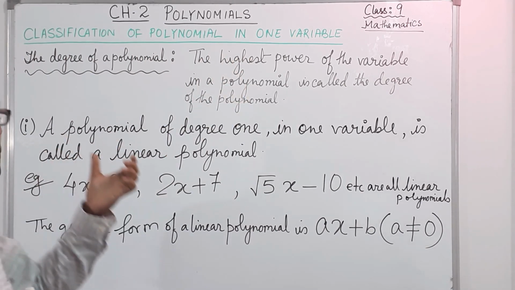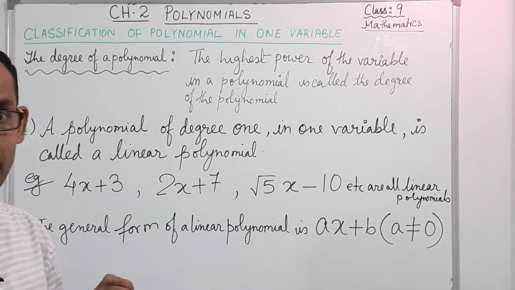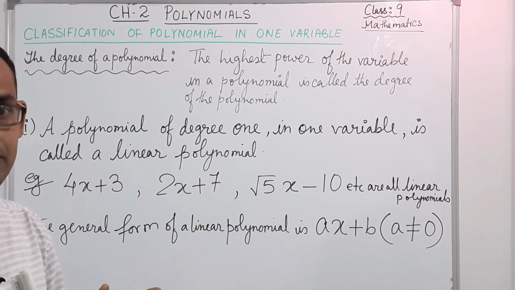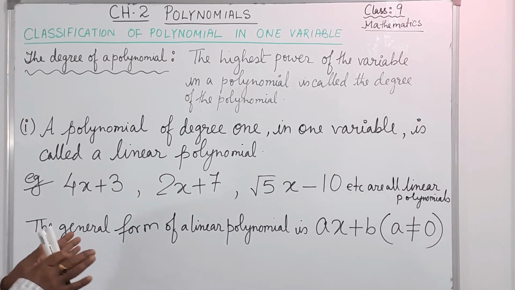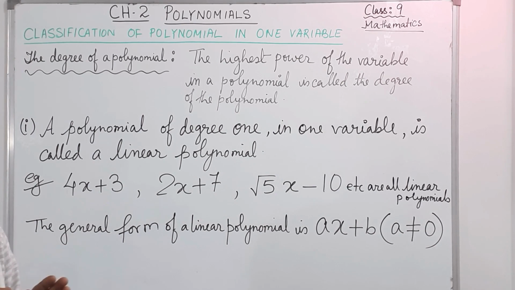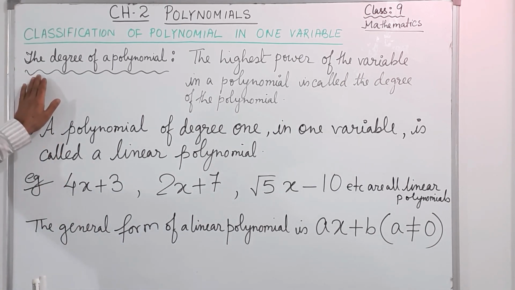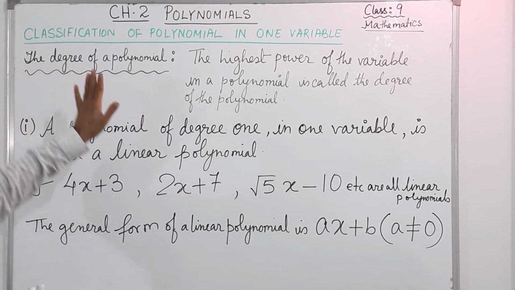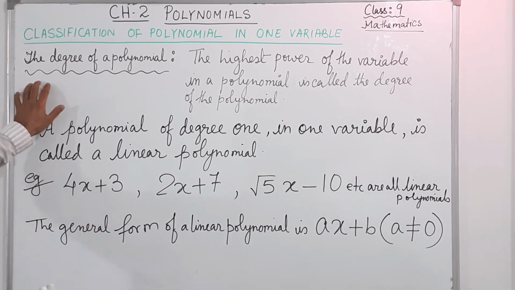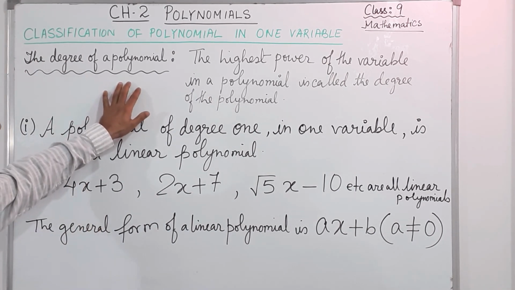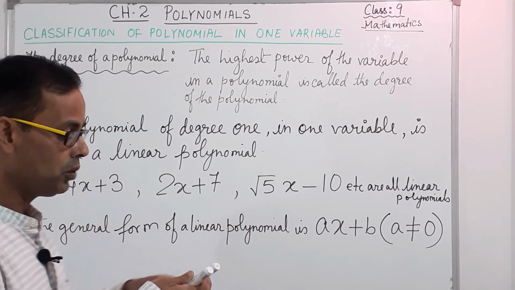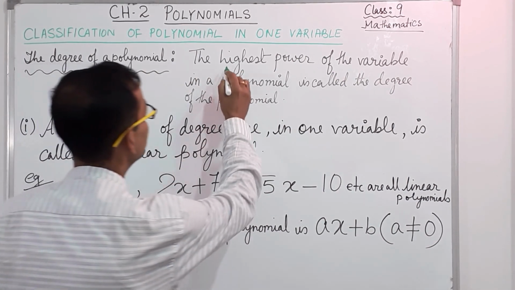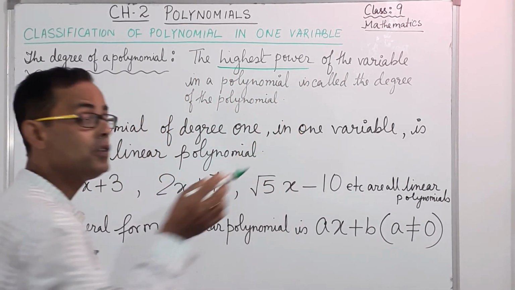That means the polynomials which are of one variable, they are classified into how many parts. Now for that we must know the degree of a polynomial. What is the meaning of degree of a polynomial? The highest power of the variable.